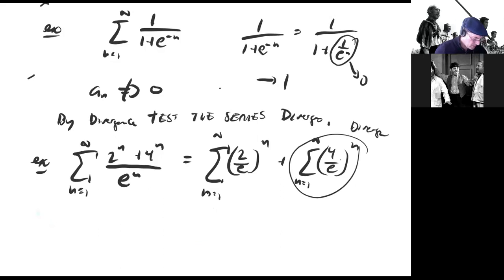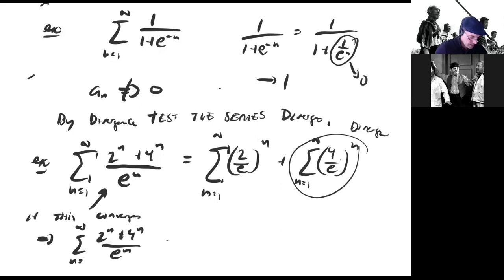If this thing here converges, then since the first thing on the right converges, we would get that the sum n goes from 1 to infinity of 2 to the n plus 4 to the n over e to the n, minus, I'm subtracting this series from this series, 2 over e to the n, would also converge.